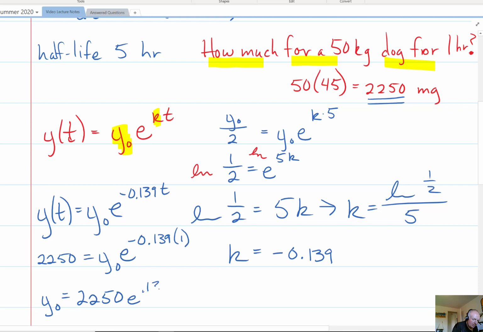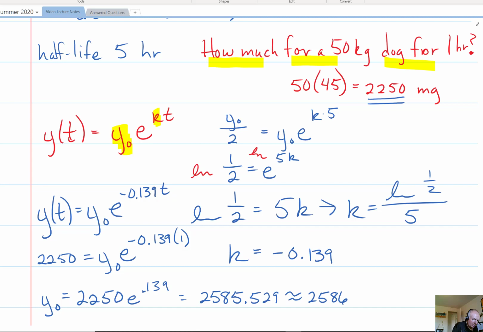And if we throw that into our calculator, we're going to find out y sub 0, which is how much we should start with, which is how much we should give the dog. So there it is, 2,585.529. If we start with that much, then in an hour we will have 2,250.